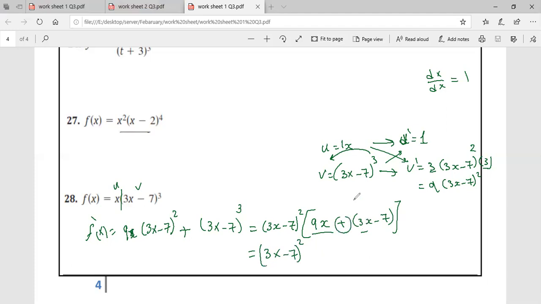If we had minus, I would distribute first, but as we apply the product rule, which has a plus, I don't have a negative here. It will be 9x plus 3x, it will be 12x. I don't have any number. Yes, that's all. That is my answer.